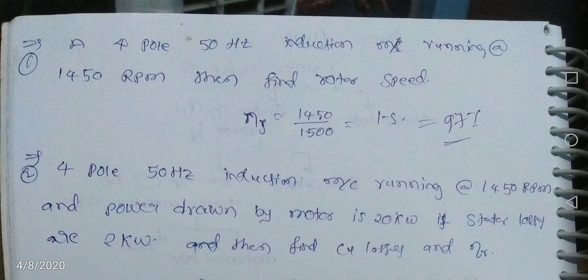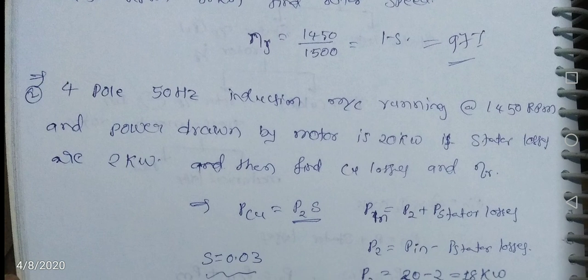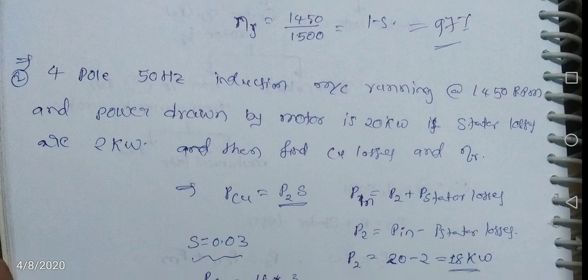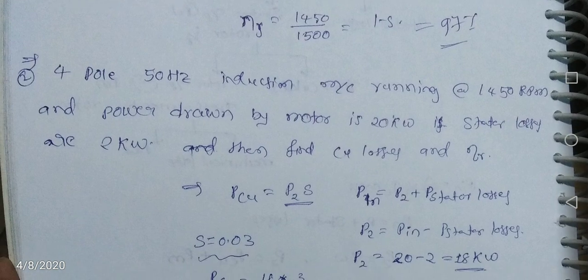Here the P1 value is given, 20 kilowatt, because P1 is the input power drawn by the motor.